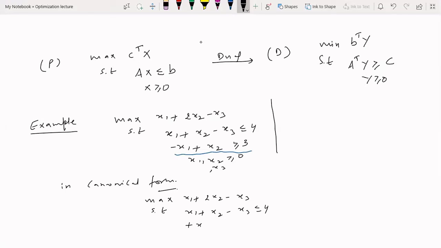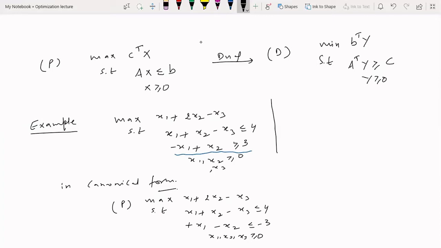So it is x1 minus x2 less than or equal to minus 3, with x1, x2, x3 greater than or equal to 0. Now these two problems are equivalent, but this one is in my canonical form. So this is my primal problem. It doesn't matter if the right hand side is negative here because I'm not solving the problem.